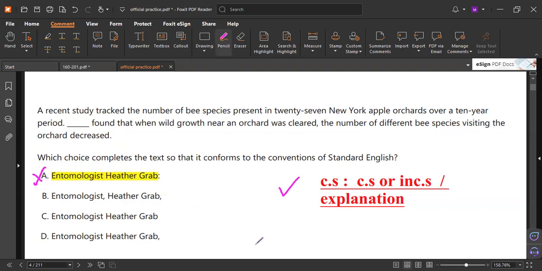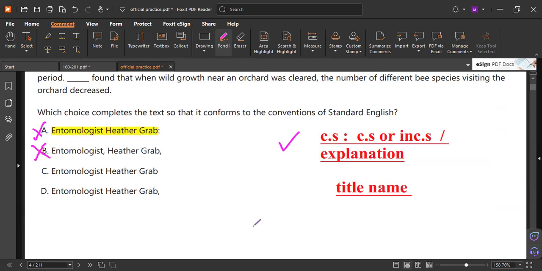This is the rule. Again, I told you before, if we have a title and after it the name, we don't use any punctuation. Here, title and the name. We don't use punctuation between. So B is wrong.